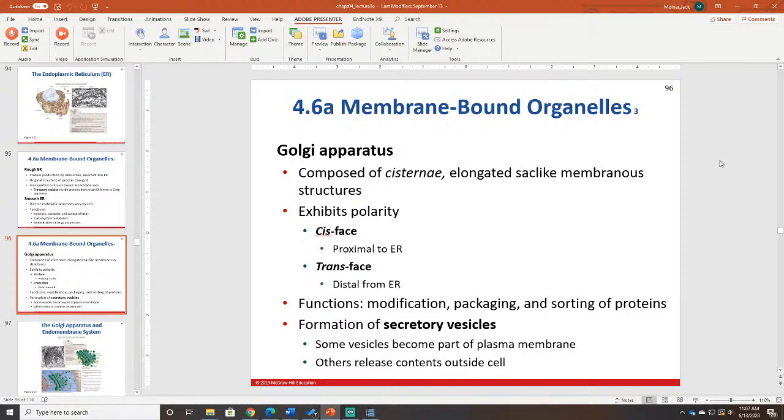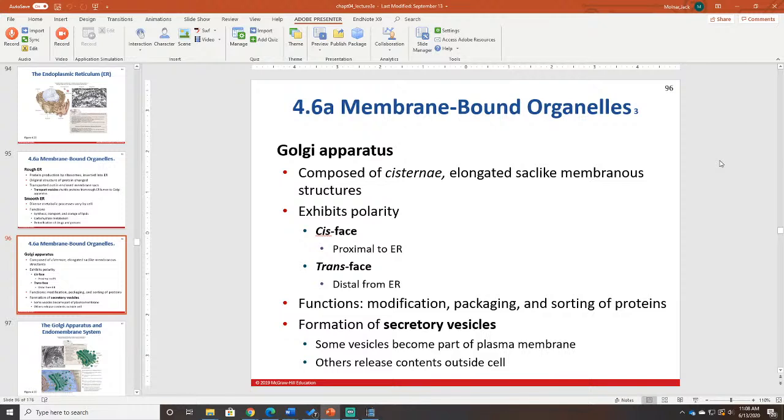The cis face is basically where vesicles come in, and the trans face is where vesicles exit the Golgi apparatus. All right, so it functions in modifying, packaging, and sorting proteins. The Golgi apparatus receives proteins, helps them fold properly, finishes their folding, chemically modifies proteins, and then sorts them in vesicles for where they need to go. Sorts them into the right vesicle to get them where they need to go.